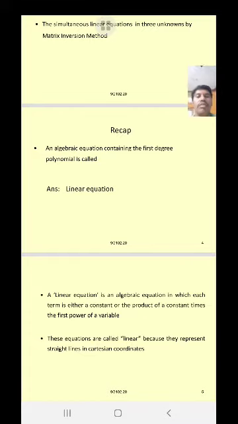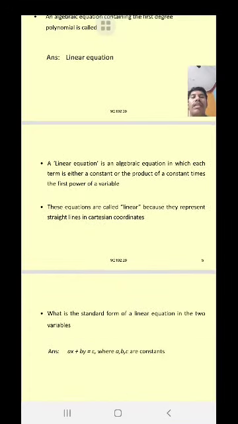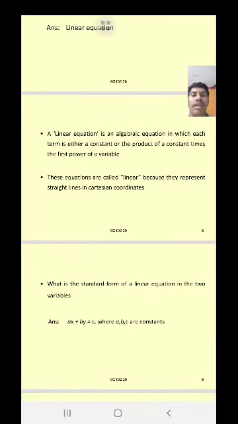A linear equation is an algebraic equation in which each term is either a constant or the product of a constant and the first power of a variable. These equations are called linear because they represent a straight line in Cartesian coordinates.